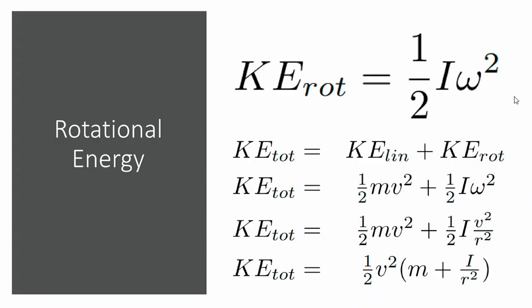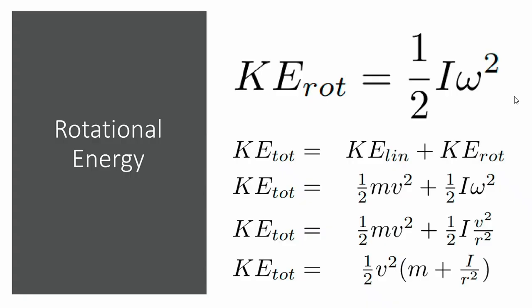If we remember back to when we introduced angular velocity, we said we could equate angular velocity to linear velocity divided by the radius of the orbit or circle that the object is moving in. So if we make that substitution, we'll see that both sets of equations have the linear velocity term in them now.